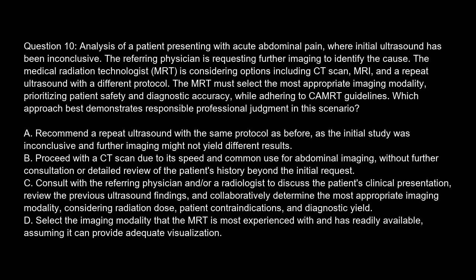Option C. Consult with the referring physician or a radiologist to discuss the patient's clinical presentation, review the previous ultrasound findings, and collaboratively determine the most appropriate imaging modality, considering radiation dose, patient contraindications, and diagnostic yield. Option D. Select the imaging modality that the MRT is most experienced with and has readily available, assuming it can provide adequate visualization.